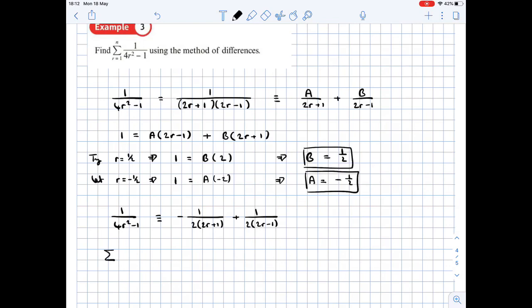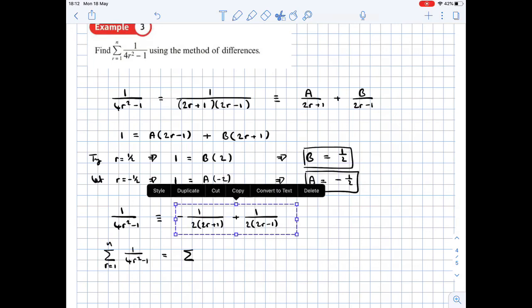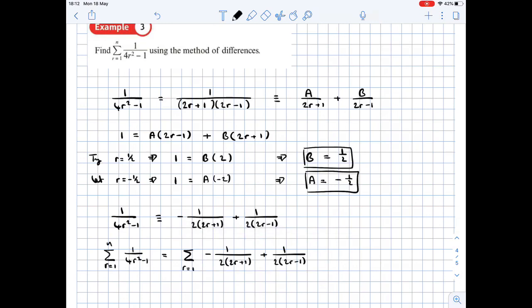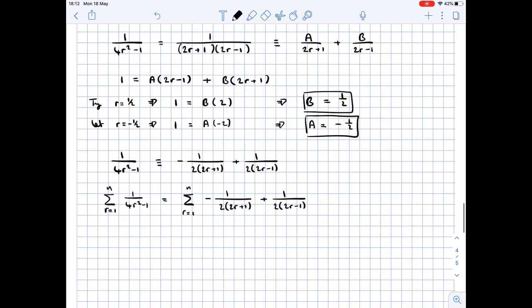So the summation of 1 over 4r squared minus 1 between r equals 1 and n can be seen as equivalent to these partial fractions between 1 and n. And you could, of course, write those the other way around if you preferred.